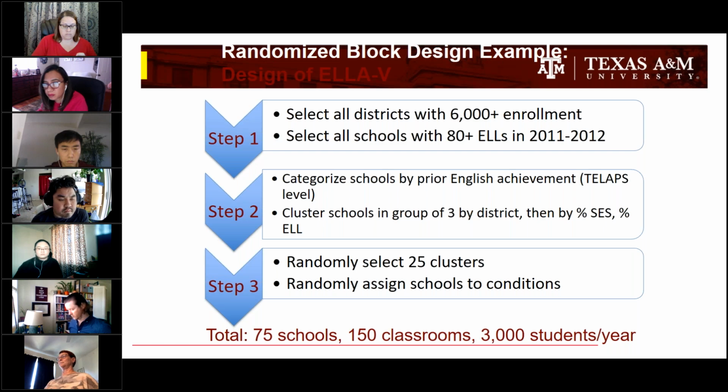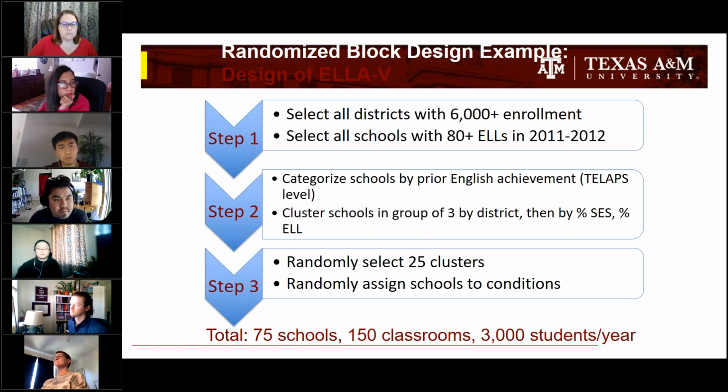So if a district fell in that category in step 1 but didn't have 3 schools, help me remember this, Dr. Guerrero, this is correct, I believe. If it only had, I'm just making this up, 2 schools, then that didn't work. But we used the clusters to get the numbers that we needed.